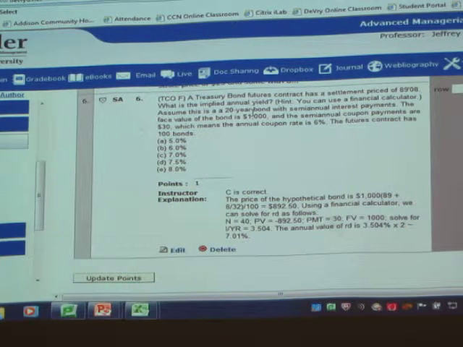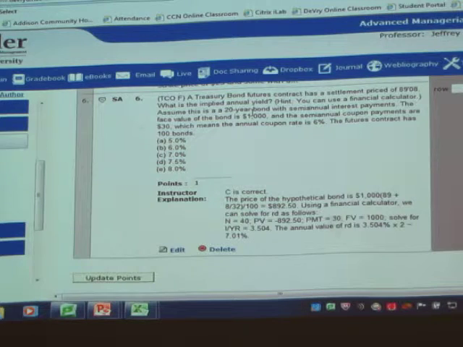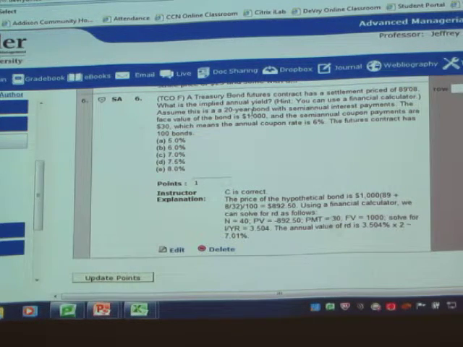It's going to make 40 payments. The coupon is $60, since 1,000 times 6% is $60. Divide the $60 by 2 because they're making semi-annual payments. That's why the payment is $30.